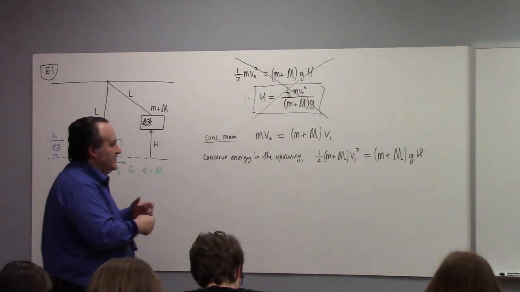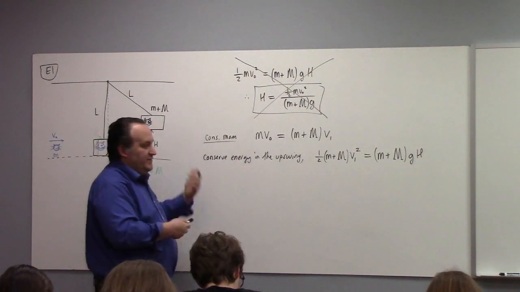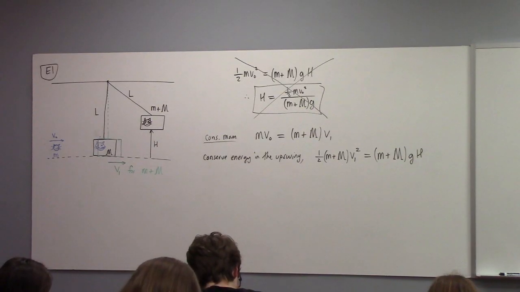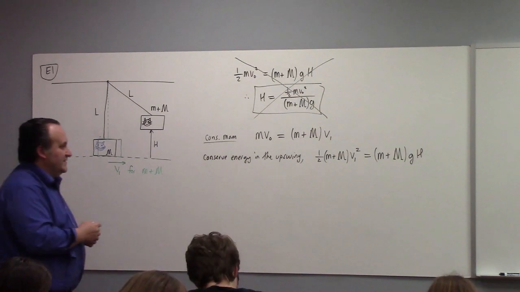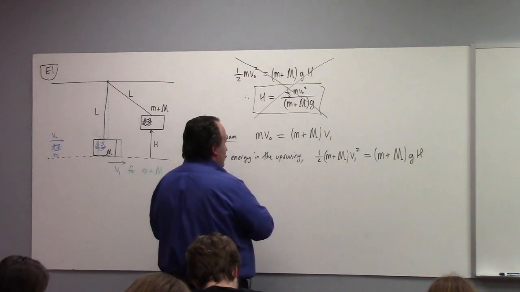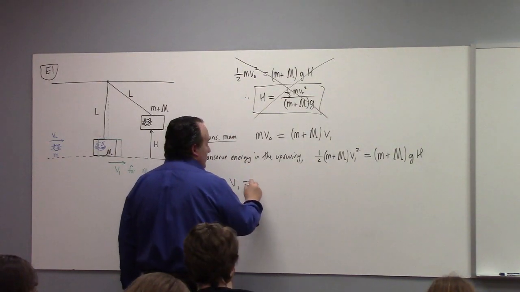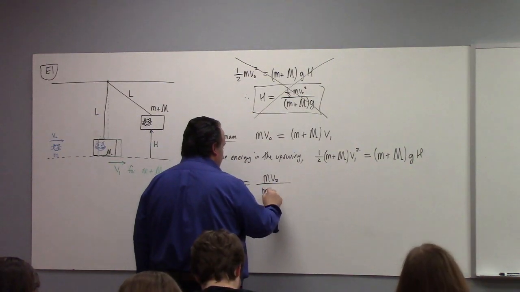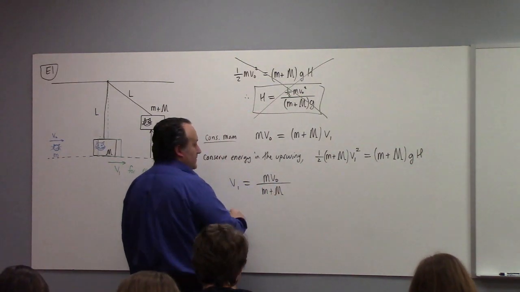Okay, so now we just have to solve for h. That's easy enough to do. Take the first equation, solve for v1: it is m v naught over m plus M, right?